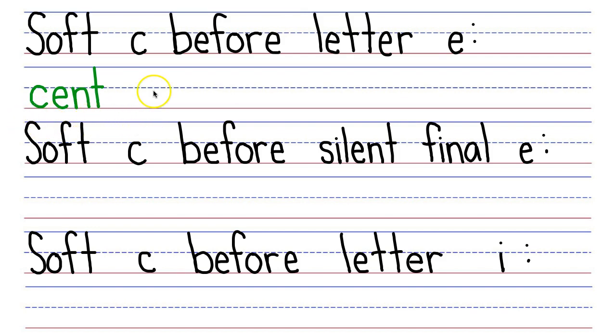Cent. Next word, sell. We've got the letter C that makes the soft C sound s because it comes before the letter E, which makes a short E sound because it's closed in by two consonant letters, the LL that says l, s, l, sell.